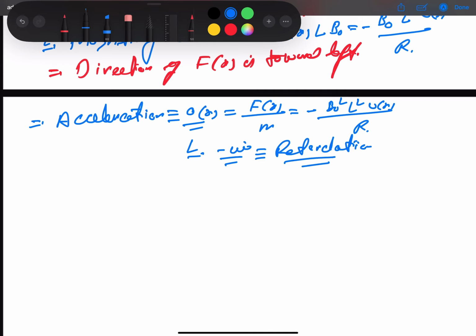So it means the velocity of the loop decreases as it enters the magnetic field.